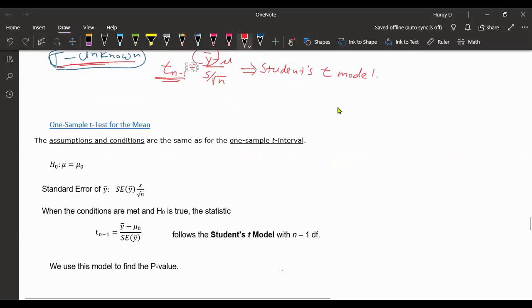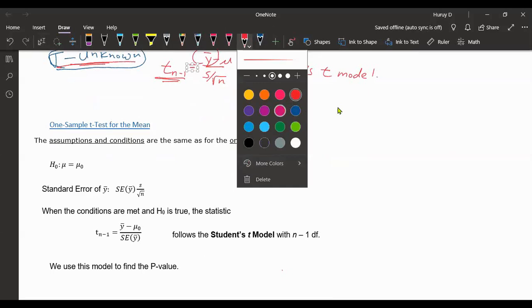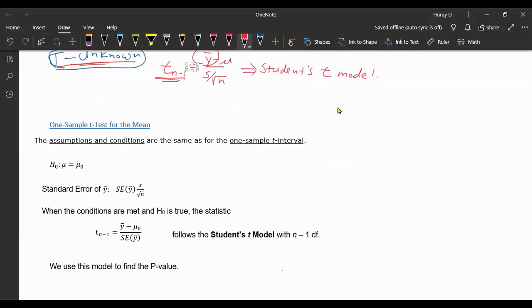So to construct an interval for the mean, it's given by y bar plus or minus the margin of error, which is t asterisk with n minus 1 degrees of freedom times the standard error of y bar. This is the confidence interval.